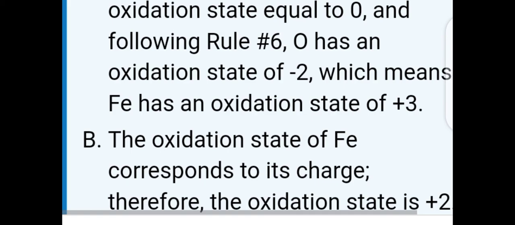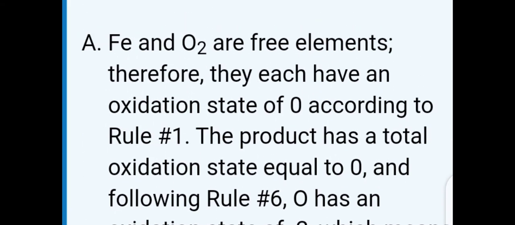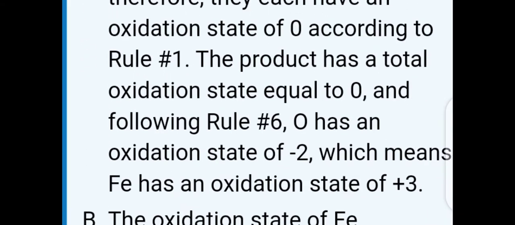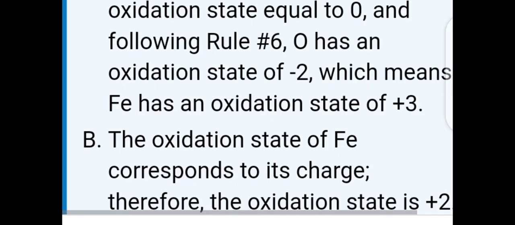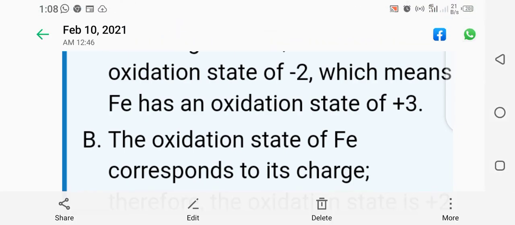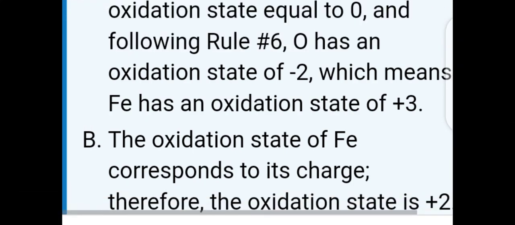B. The question is Fe2+, so the oxidation state of Fe corresponds to its charge. Therefore, the oxidation state of iron is +2, because in the question Fe2+ is written.